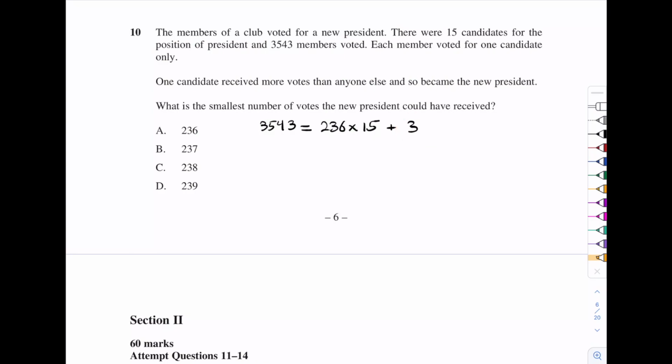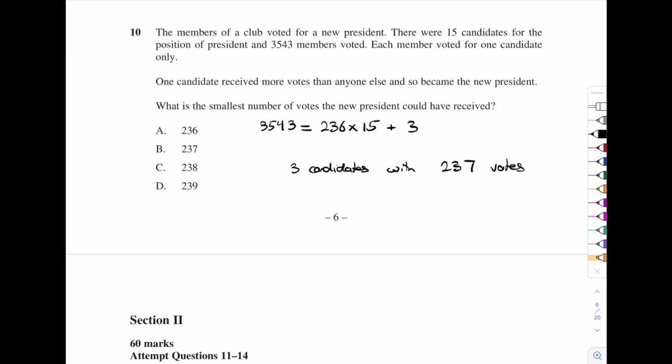Okay. All right, so again, I'm still trying to keep it as even as possible. So I've got 15 people with 236 votes. Now, if I wanted to keep it as even as possible, I would give one of these 3 to 3 different people, except there's a problem with that, because then I would have 3 candidates with 237 votes.